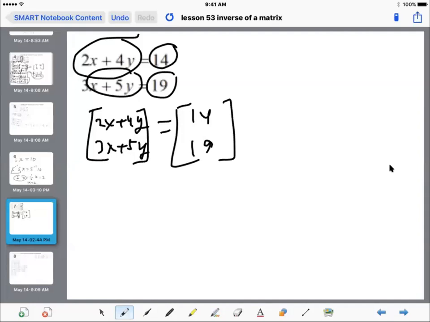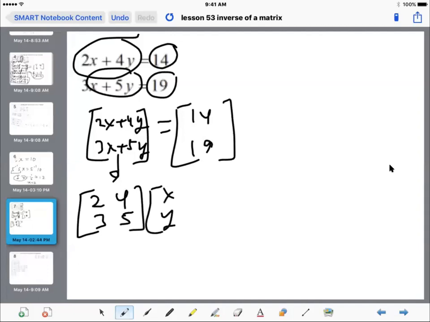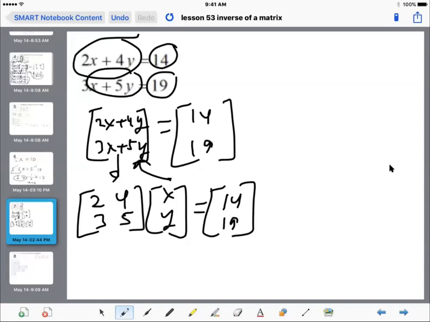But this 2x1 matrix can be factored. As we saw, we multiplied this together in the warm-up to get this, but we can go in this other direction.